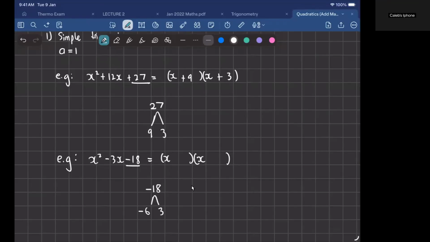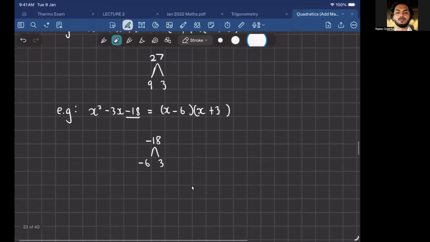Negative 6. Yes. Zachary, negative 6 by positive 3 would give you negative 18. And if you add negative 6 and 3, what are you going to get? Negative 3, sir. Right, so that's the correct answer. So I'll put the negative 6 here and the plus 3 over there.